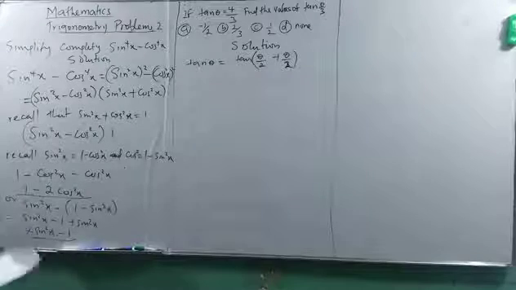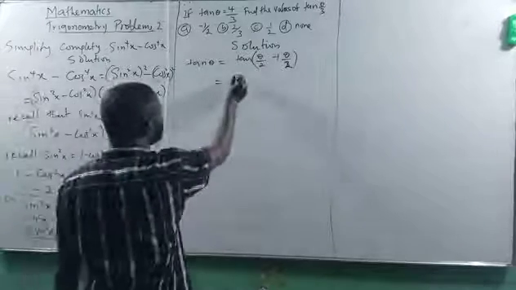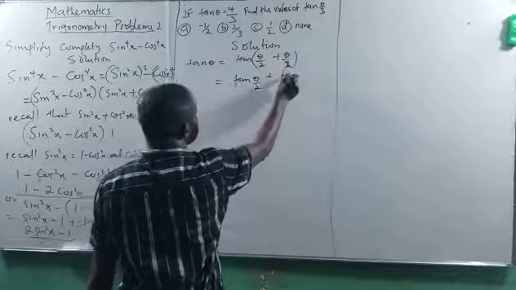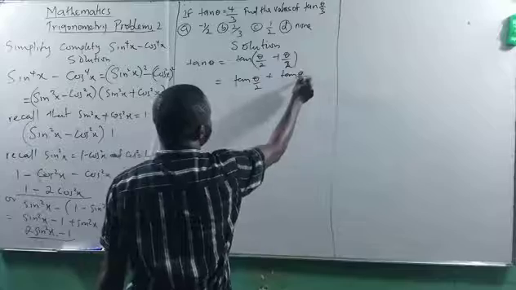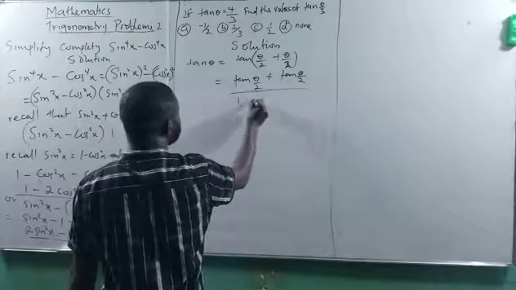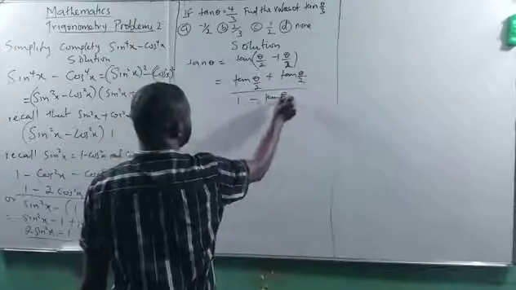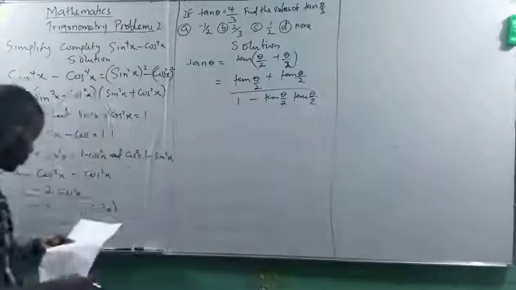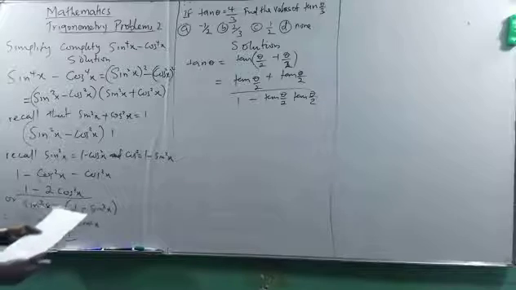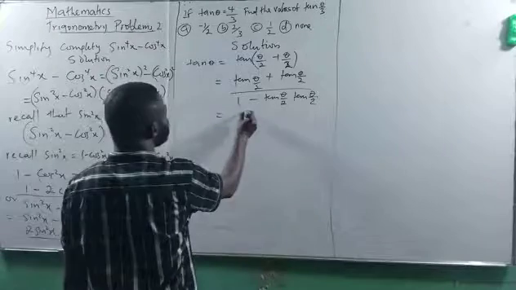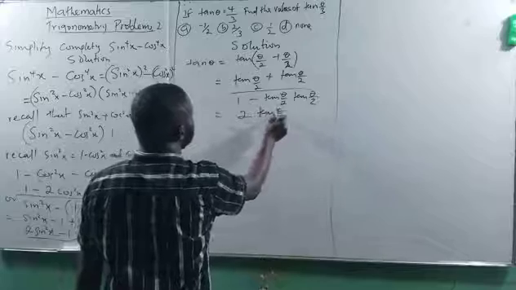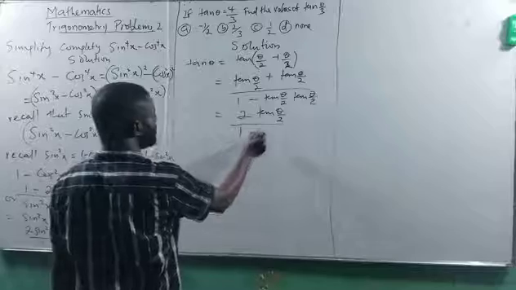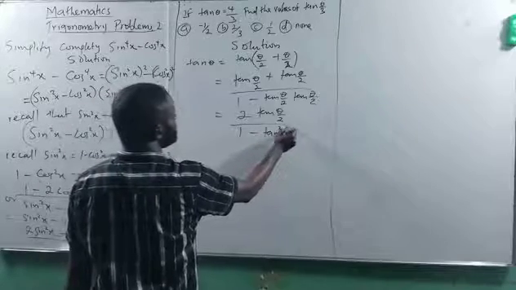Now, you know the implication. The implication will be what? Tan theta equals 2 tan theta all over 2 divided by 1 minus tan square theta all over 2.